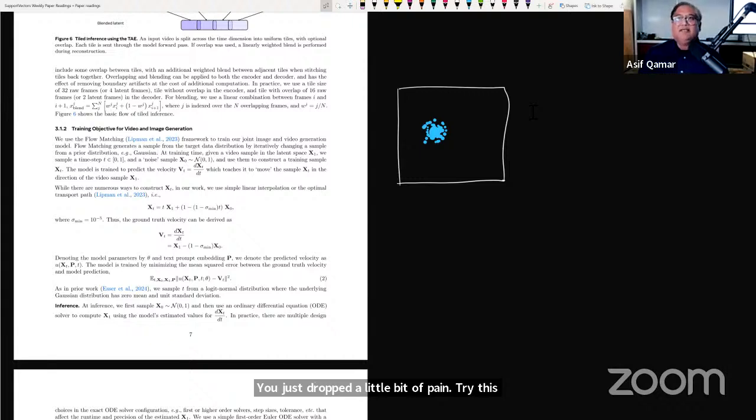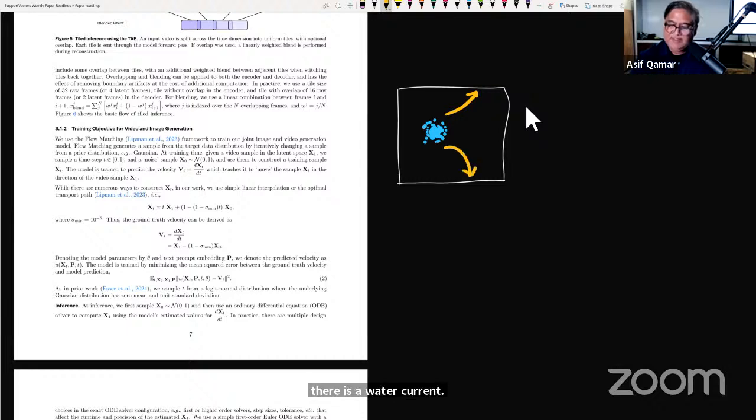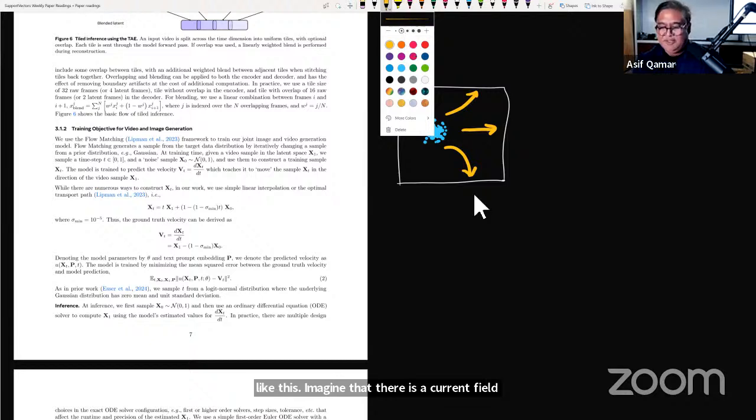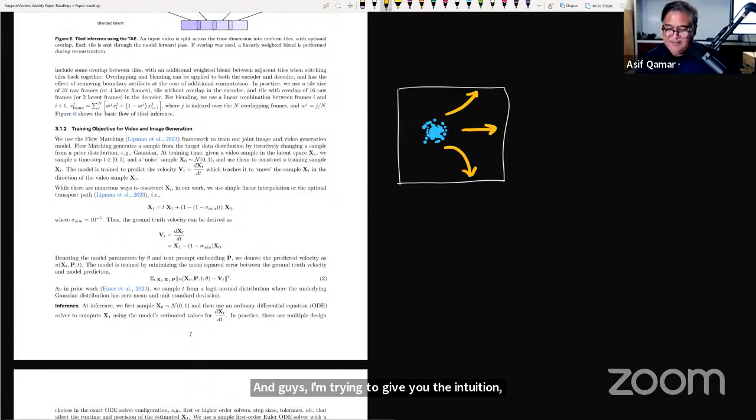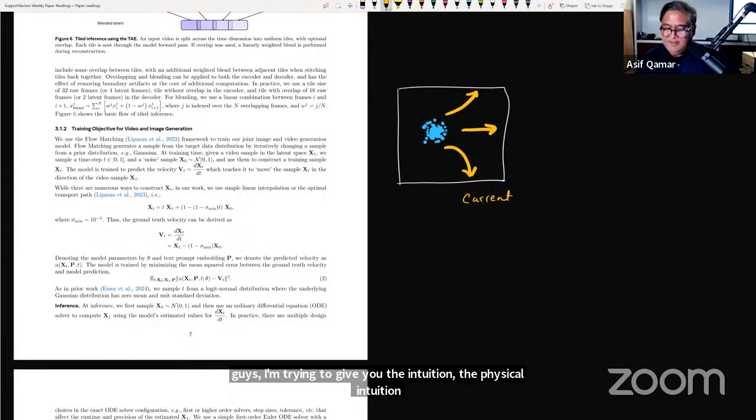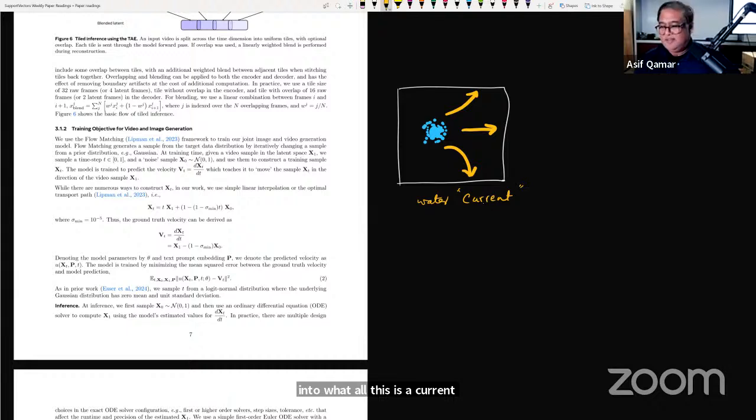Now suppose the water itself happens to be flowing. There is a water current in this direction. Imagine that there is a current field. Guys, I'm trying to give you a physical intuition into what all this is. The term that you use is a vector field. Why is it a vector field?